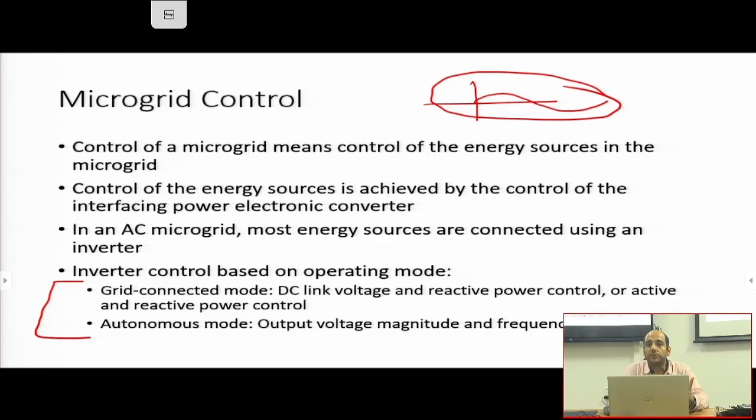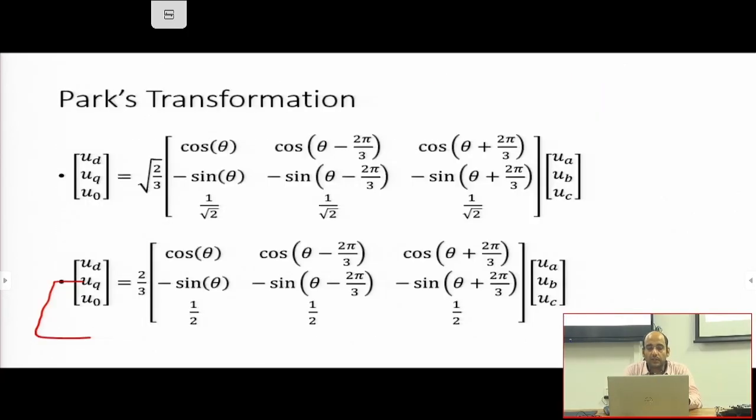The inverter forms the necessary voltage that has to be there in the system. So that is the difference between grid following mode and grid forming mode. The control is nearly the same. There are slight differences. We'll discuss this in this lecture.